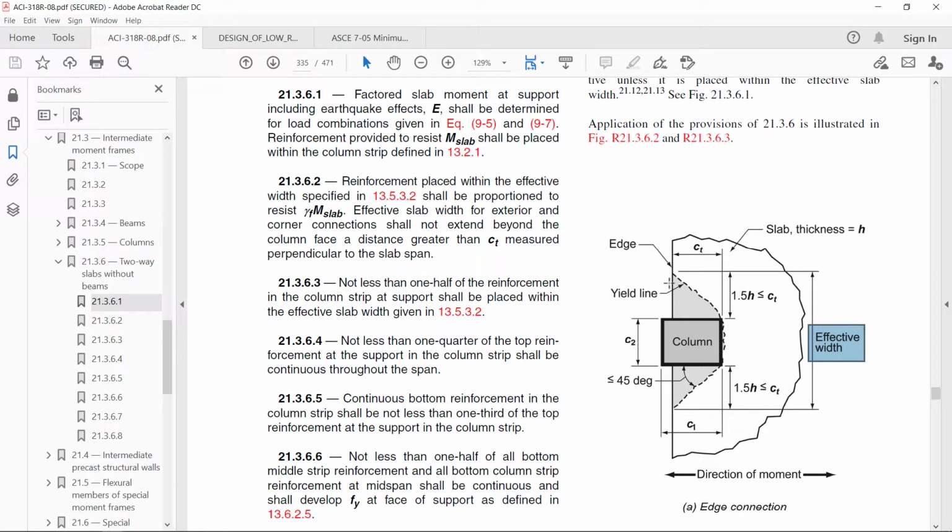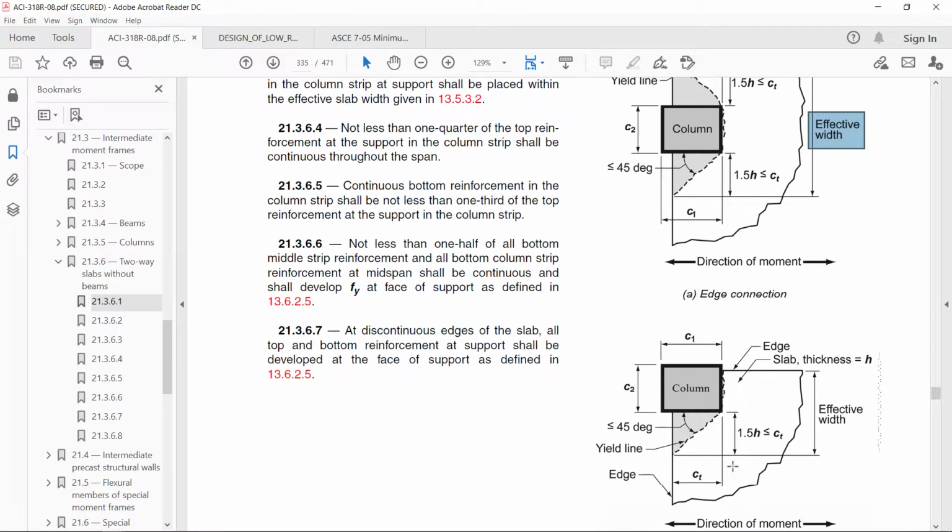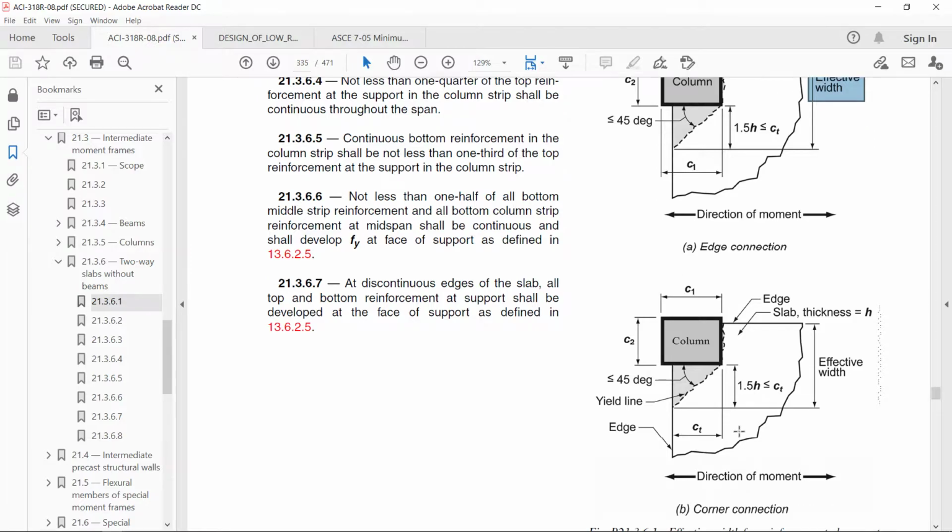So on this side and on this side, plus the column, this is called the total effective width of the slab. So the reinforcement must be provided within this range and in the column strip. And if the slab is continuous only on one side, then the effective width is reduced as per this diagram. And this is the direction of the moment.